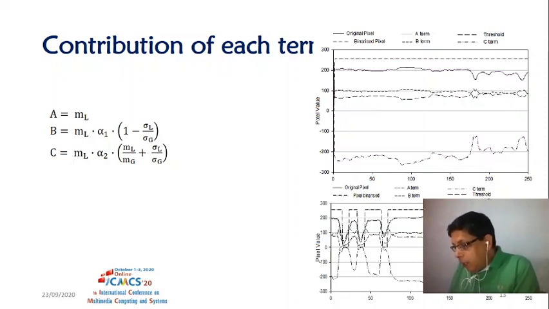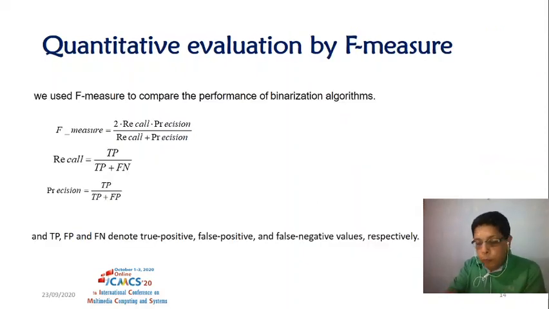The term B evolves proportionally with the original values, and lastly, the term C fulfills a compensatory role for the accumulation effect of terms A and B. We used F-measure to compare the performance of the binarization algorithms.